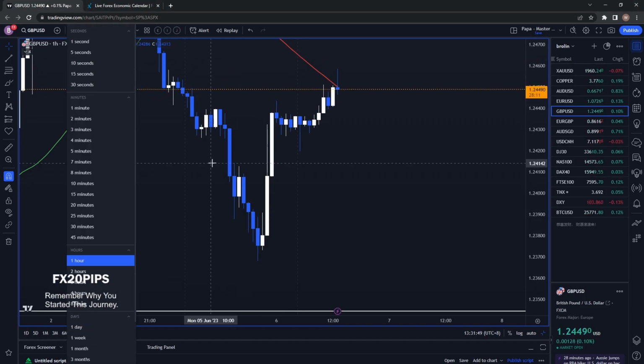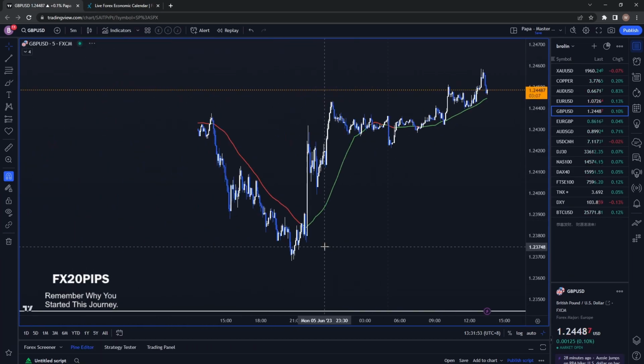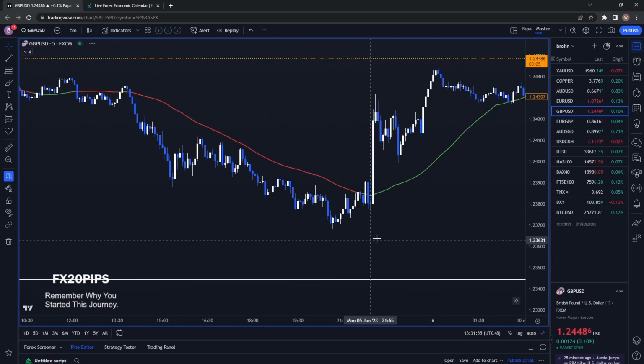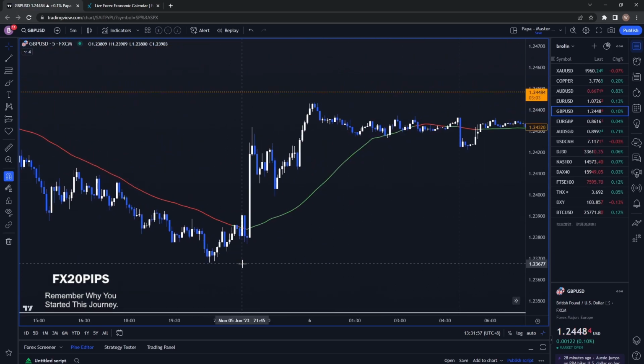All right, let's go to the 5 minutes. You should be able to see it much more clearer. Right, so here we have, see these long candles here, this long bullish candle, and look at the time at the bottom is 10 o'clock. Okay, my time.